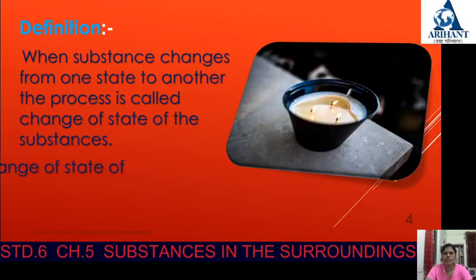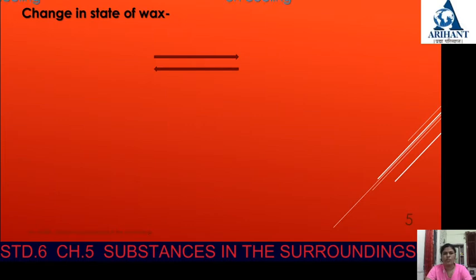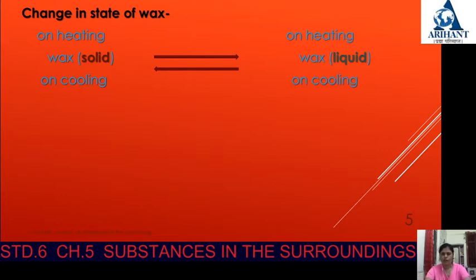So the next example is how the change of state of wax takes place. I already explained, on heating the wax which is in the solid form, it gets converted into the liquid form, and on cooling, the liquid state of wax returns to its original state, that is the solid state.